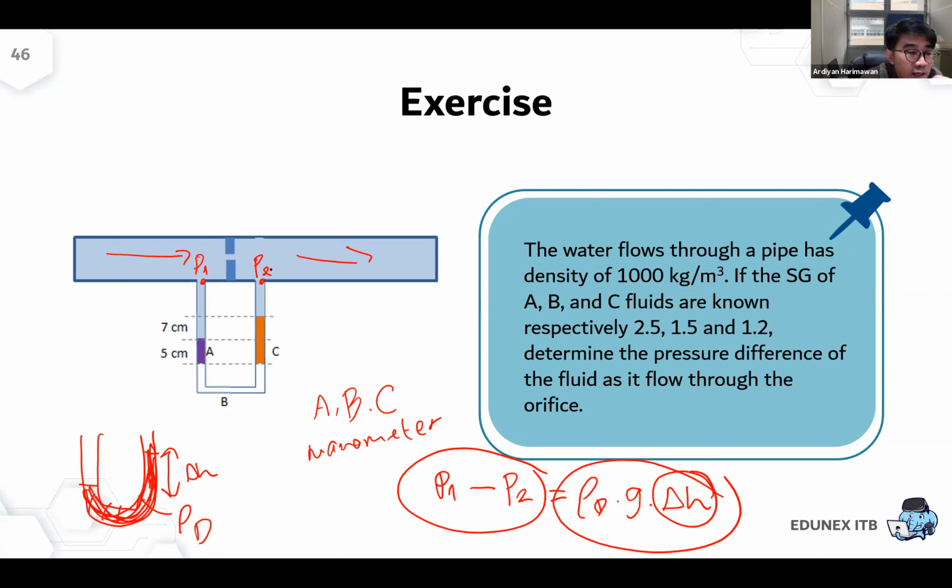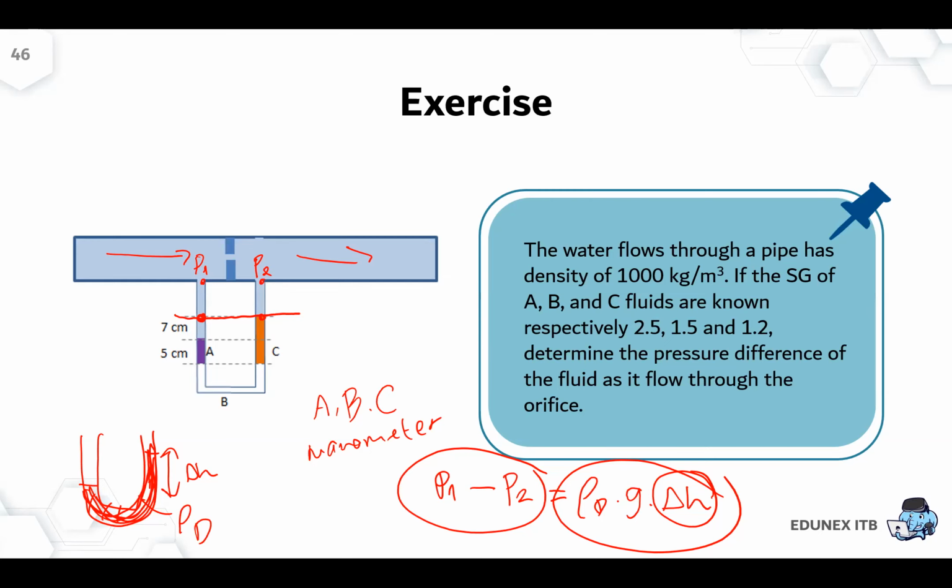Okay. How about this one? Pressure at this point and pressure at this point. Is it the same or different? Yes, sir. And the red line? Pressure between the left manometer and the right manometer, will it be the same or different? And why?